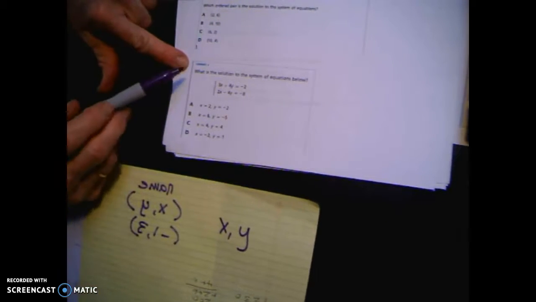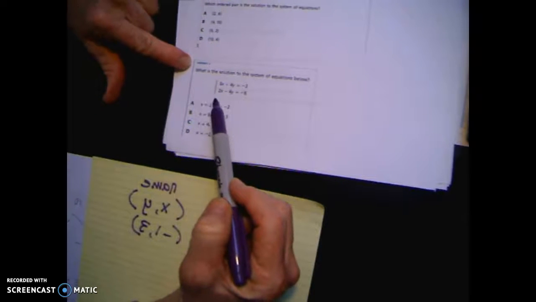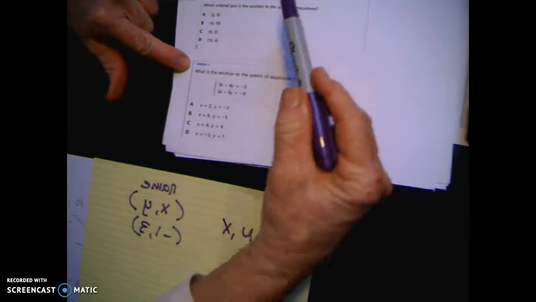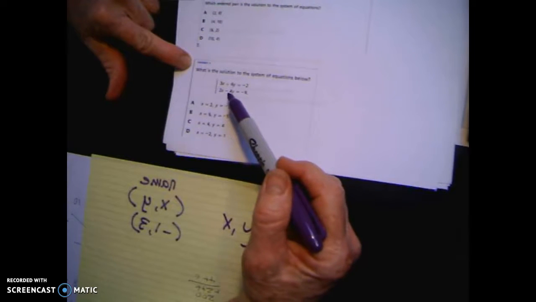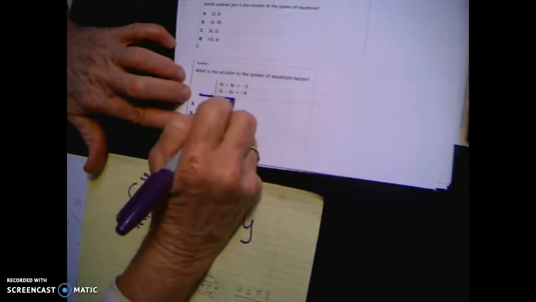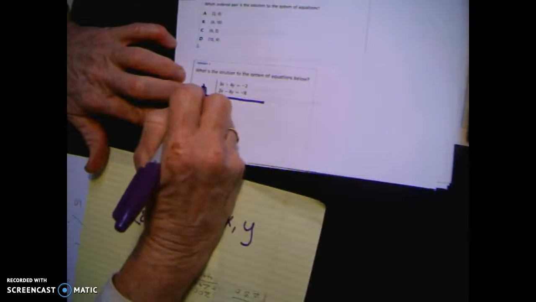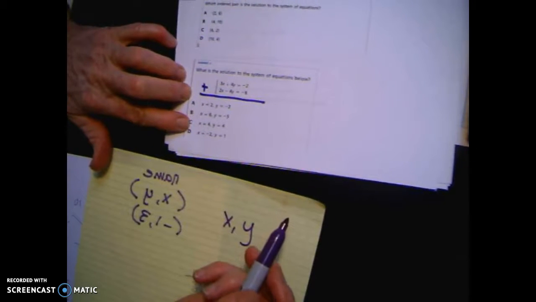If I am going to write on this one, it says, what is the solution to the systems of equations below? It gives me two equations, and I know that I could use substitution or I could use graphing, but I can also see that my coefficients are the same. So when my coefficients are the same, I can simply draw a line and add them up, because one is going to cancel out another.